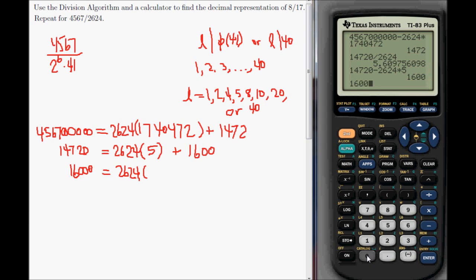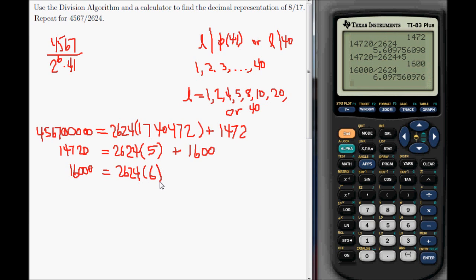So 16,000 divided by 2,624 gives me 6. And the remainder will be 256. Okay, so I still haven't repeated yet.